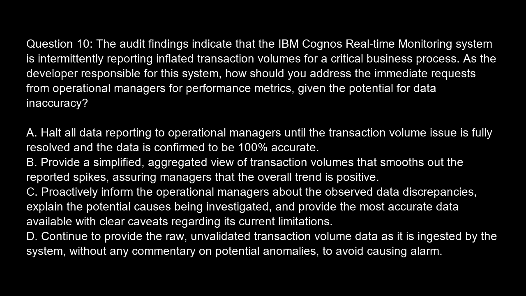Explain the potential causes being investigated and provide the most accurate data available with clear caveats regarding its current limitations. Option D. Continue to provide the raw, unvalidated transaction volume data as it is ingested by the system, without any commentary on potential anomalies, to avoid causing alarm.